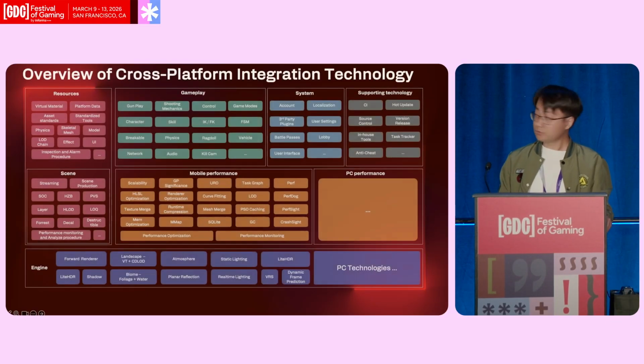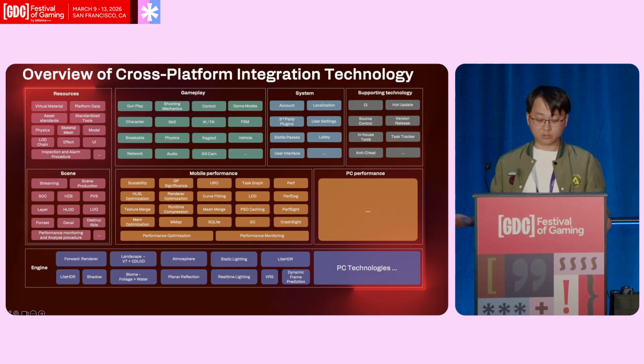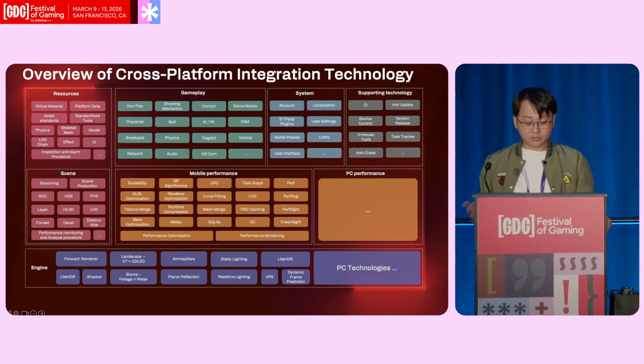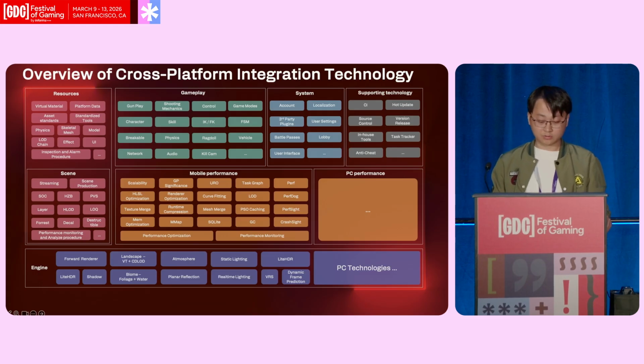Now that you know how to play the game, let's go over what is behind it. There are a lot of complex systems behind the scenes that make all this possible. Engine foundations provide the rendering system and low-level capability support. The production pipeline gives us complete creation workflows and toolchain systems.